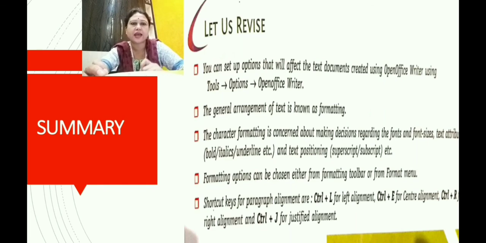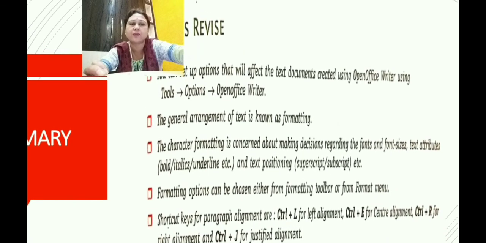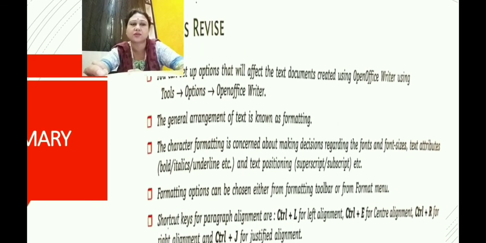Then we also learned that the general arrangement of a text is known as formatting, and there are two types of formatting: character formatting and paragraph formatting. Character formatting is concerned with decisions regarding the fonts, the font size, the text attributes, that is bold, italics, underline, which you can apply to a particular text, and the text positioning, that is superscript or subscript.